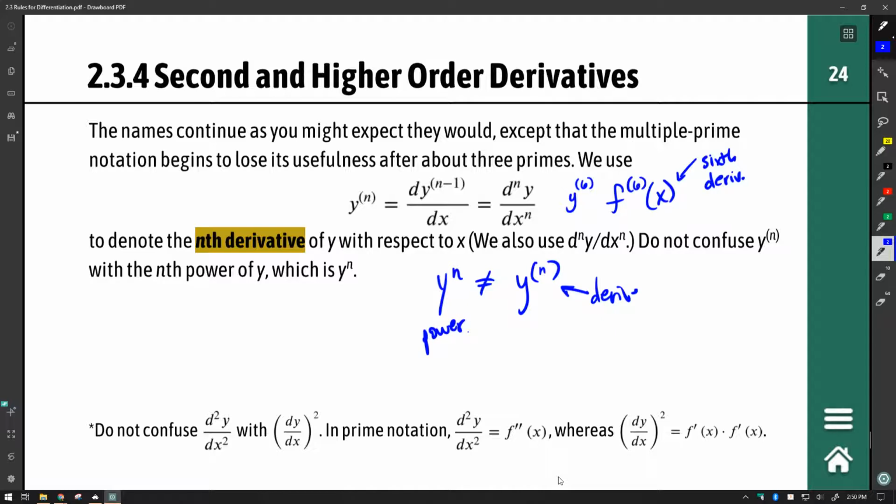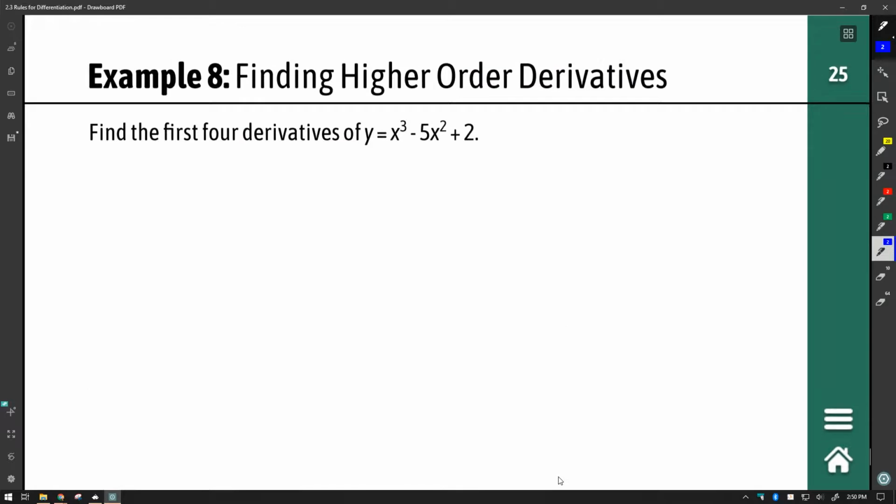So let's make sure we keep those two delineated clearly. And a little note at the bottom is essentially the same thing. d squared y over dx squared is not the same as dy dx squared. This indicates the derivative of y with respect to x times itself. This indicates the second derivative. Let's move on and see an example.